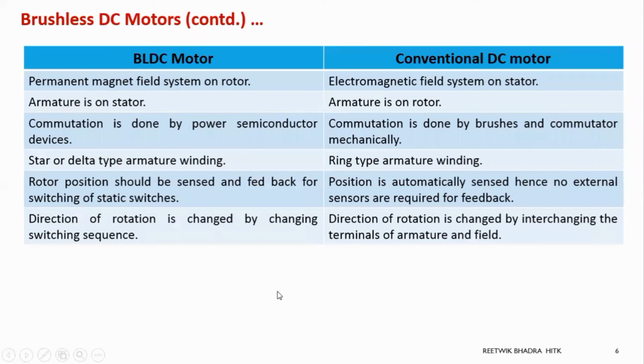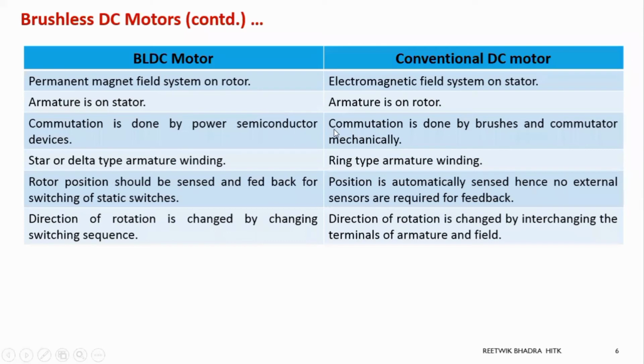Now, these are some of the points I have jotted down in terms of BLDC and conventional DC motor. In terms of the construction, you can just go through it. Permanent magnet field on the rotor, and electromagnetic field system on the stator. Armature is on the stator in one case, armature is on the rotor in the other.